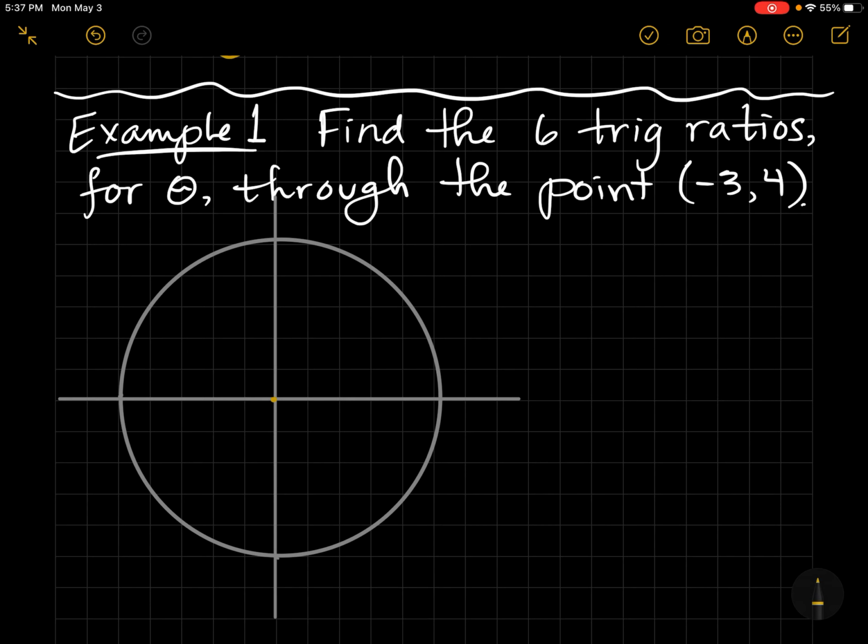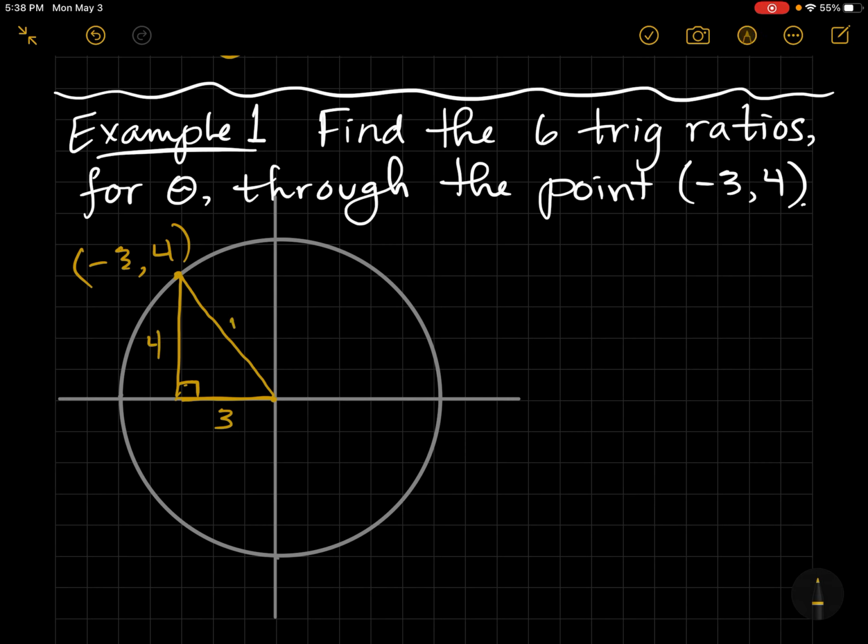Find the 6 trig ratios for theta through the point -3, +4. Starting at the origin, if we go back 3 and up 4, the point on the circle is -3, 4. The radius can be found by finding the hypotenuse of this right triangle. A radius is always going to be a positive value.